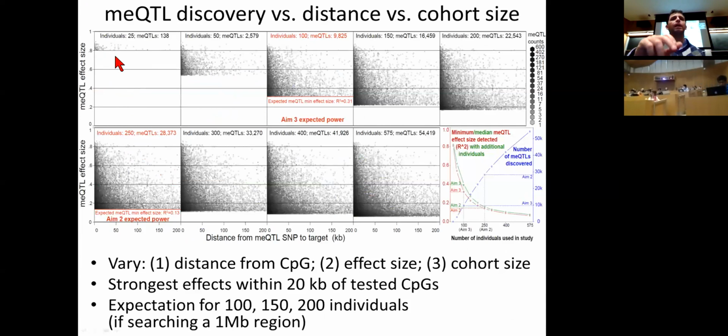So basically the question is, I'm methylated or unmethylated, basically 0, 1. And then the question is, how much of that variability do I explain from the genetics? Because I'm bounded between 0 and 1, my effect size can't be 10-fold or 20-fold and so forth. It has to be bound within that.